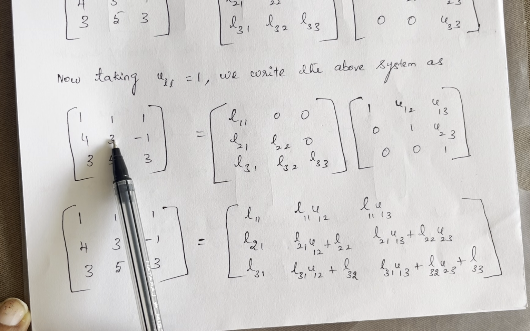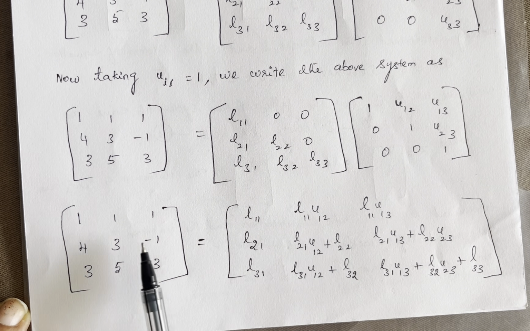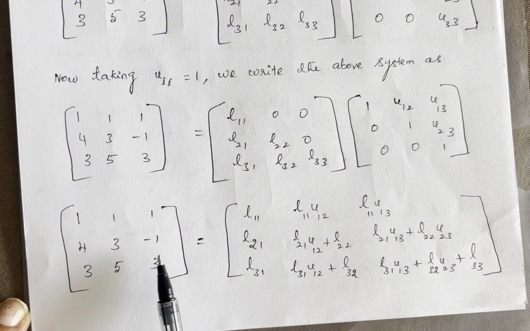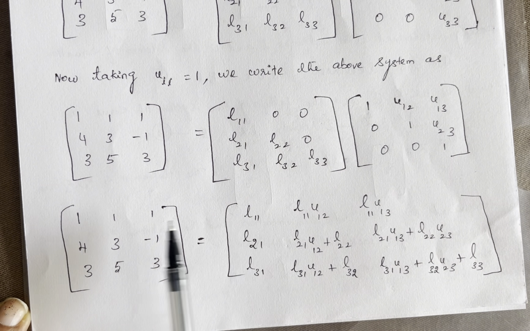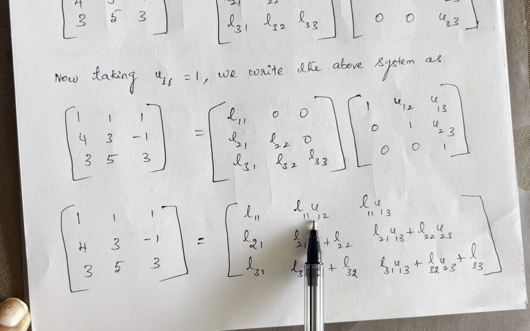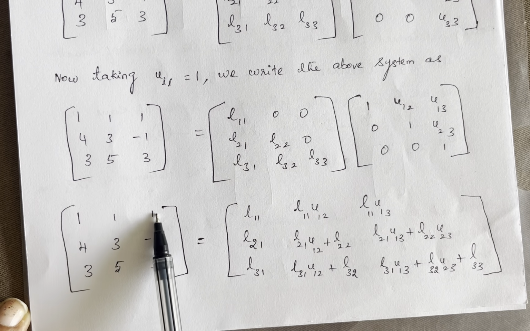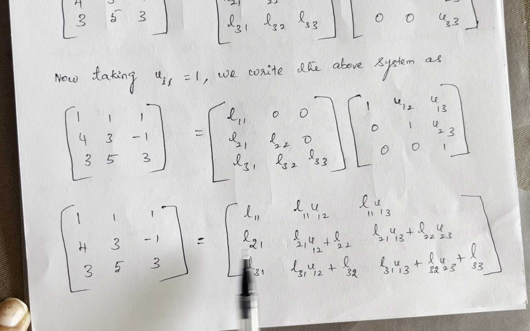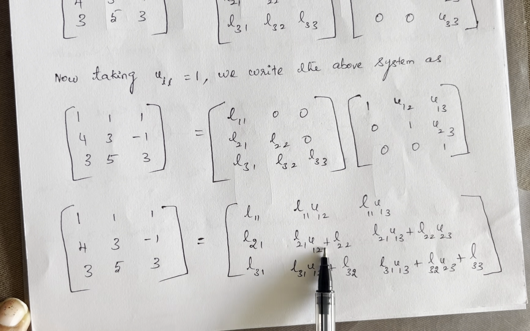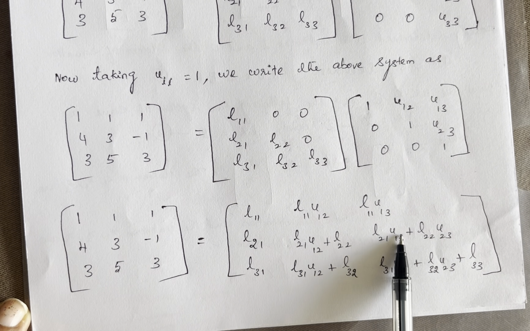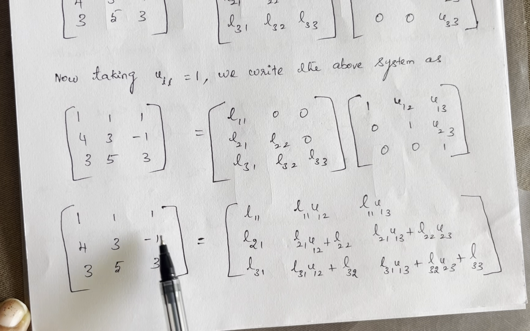Since both matrices are equal, their values must also be equal. So L11 is equal to 1, L11 U12 is equal to 1, and L11 U13 is equal to 1. Simultaneously, L21 is equal to 4, L21 U12 plus L22 is equal to 3, and L21 U13 plus L22 U23 is equal to minus 1.